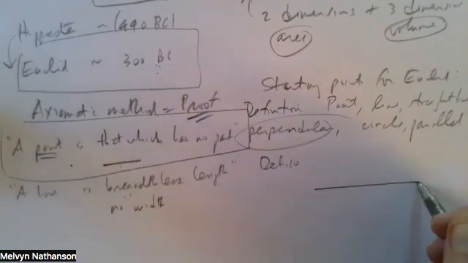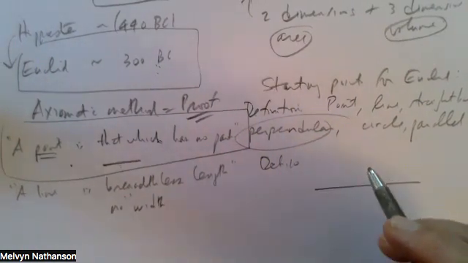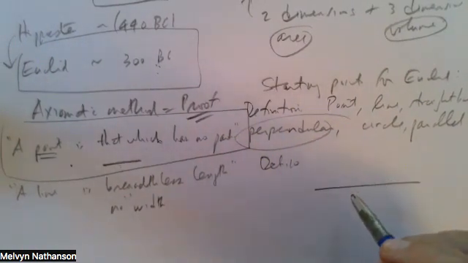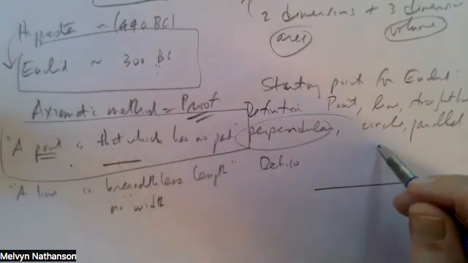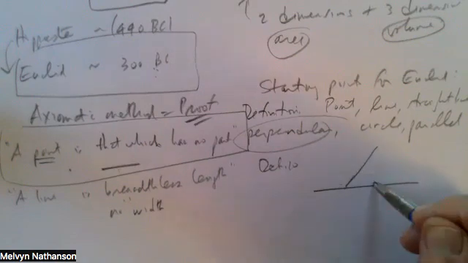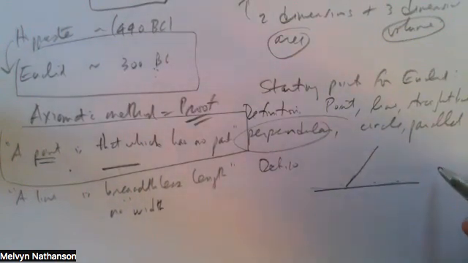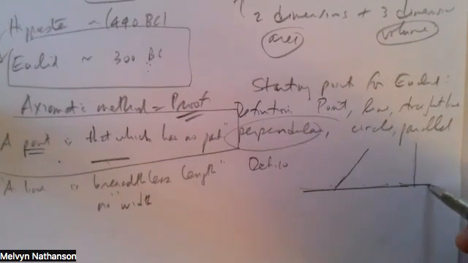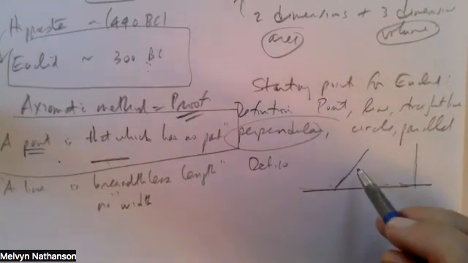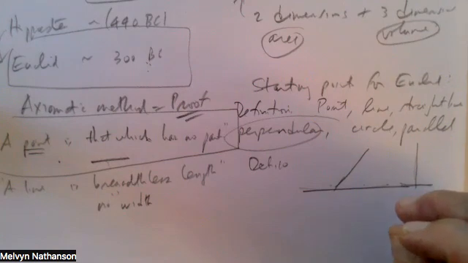You have a line and you have a straight line. It says when a straight line standing on another straight line. So here is a straight line standing on this straight line. Here is a straight line standing on this straight line. These are both examples of straight lines standing on a line.